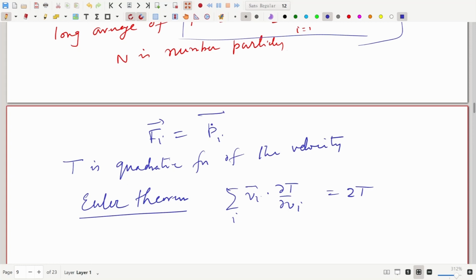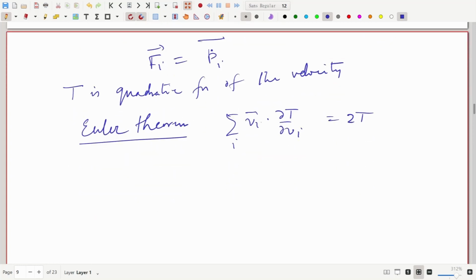And also we have assumed that the potential energy does not depend on velocity. If you assume that, then pi will be ∂L/∂vi.